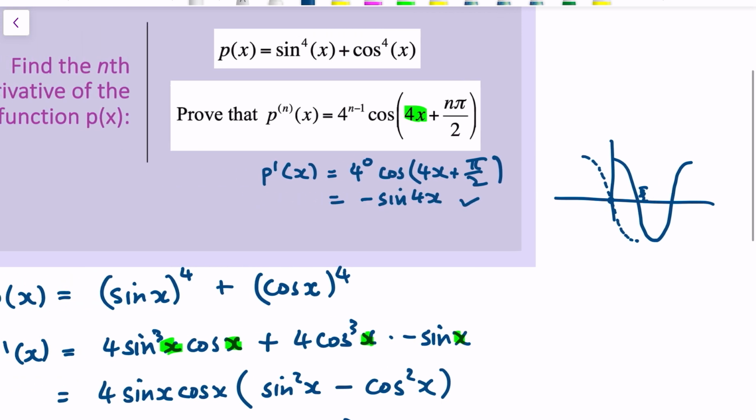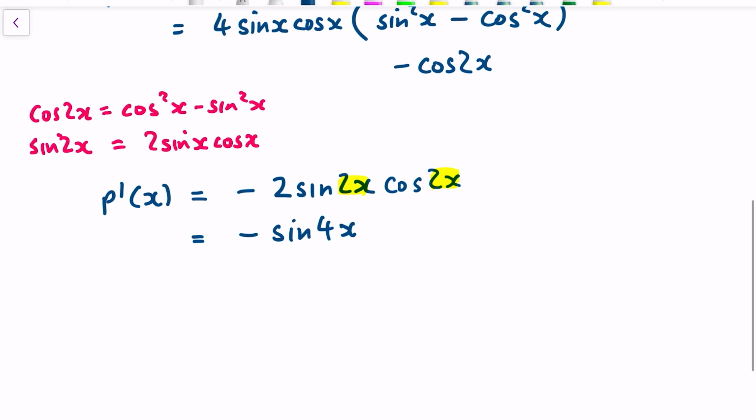Cool. Now we're in this relatively simple expression for things. We can differentiate again without having to worry about messy products or trig identities. P dash dash x, the second derivative: sine goes to cosine, but this is minus sine, so we're going to go to minus 4 cosine of 4x.